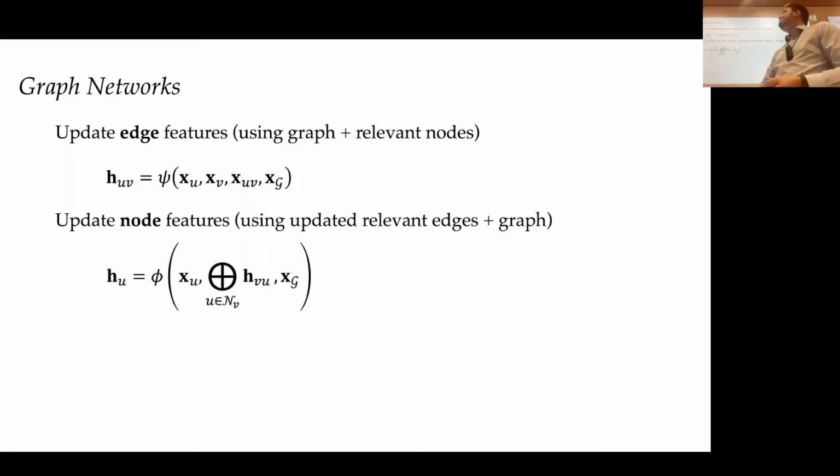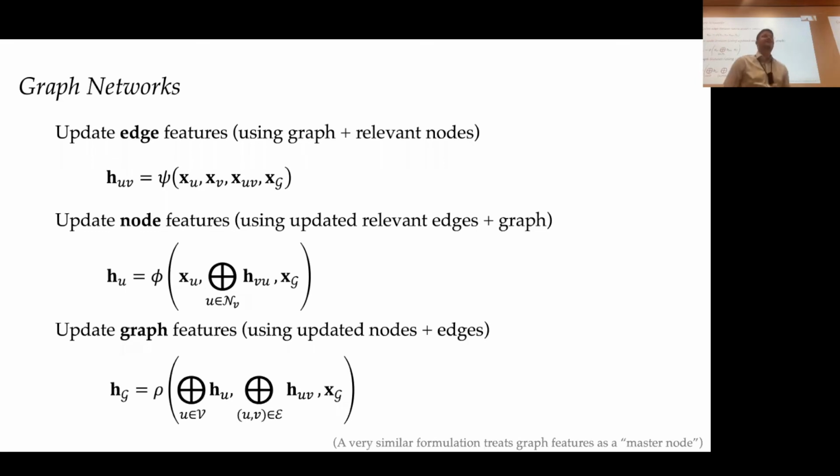We update the node features, h_u, by applying a function to that node's features. That's the skip connection I told you about. It's great for preserving learnability. And then we sum up or aggregate all of the edge features that send to that particular node and also use the graph. Okay. And now you might imagine that when we have both edges and nodes, we can finally update the graph. Permutation invariance strikes again: sum up all the nodes, sum up all the edges, and the graph features.